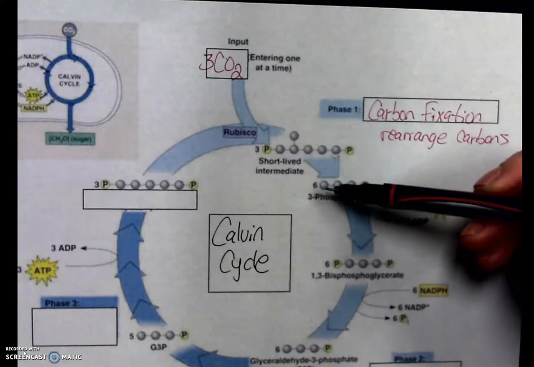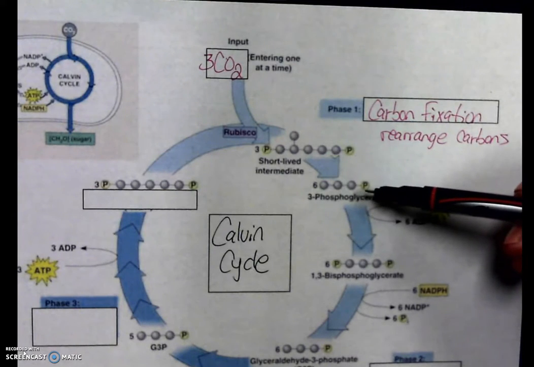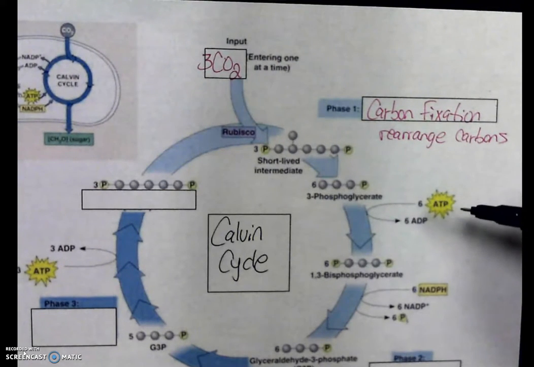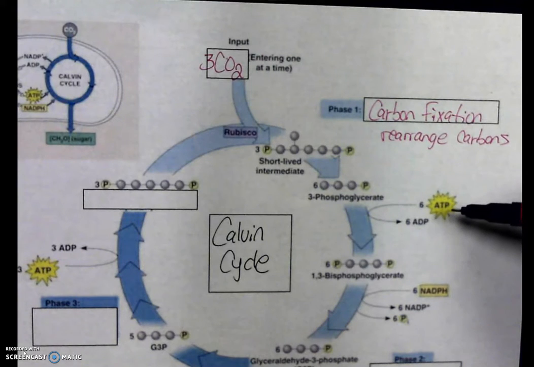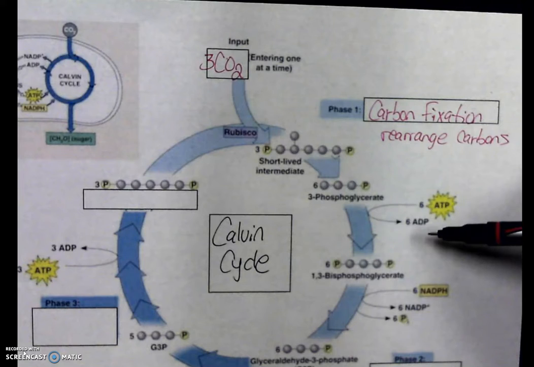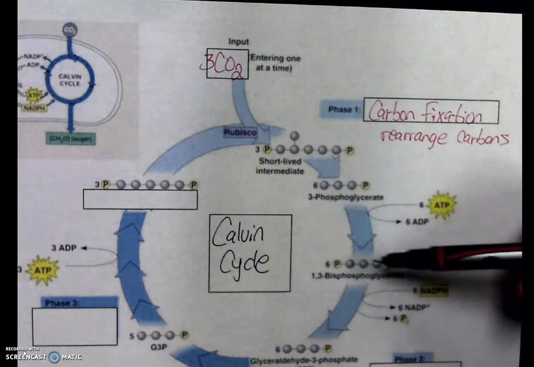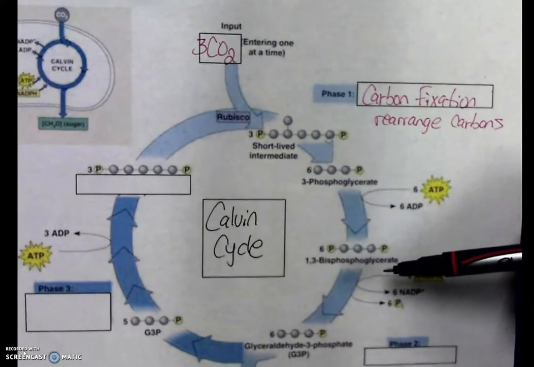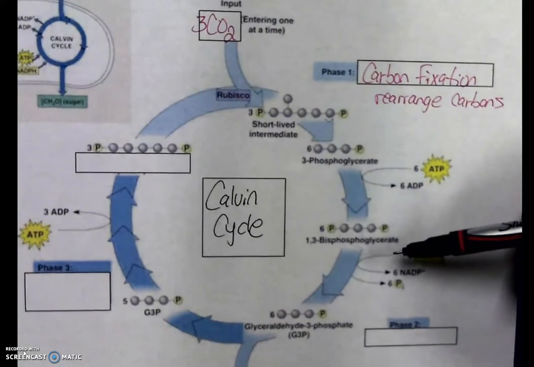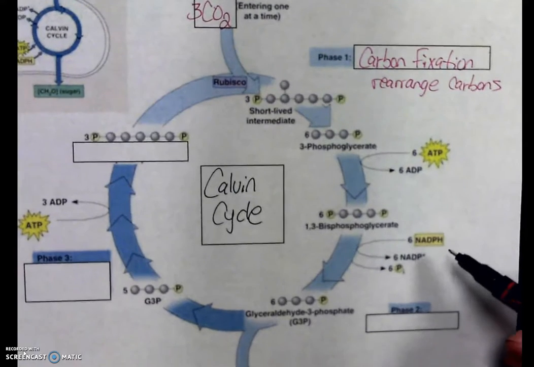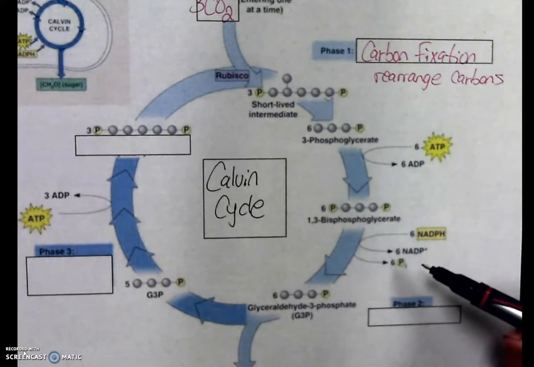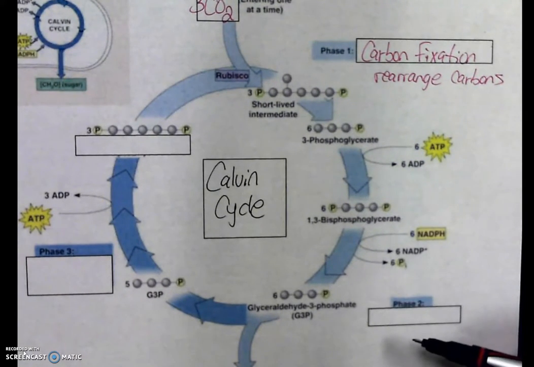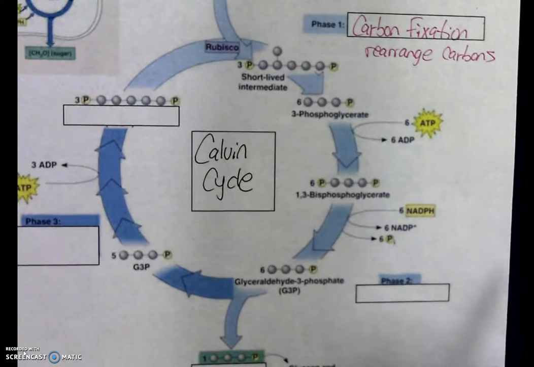And that is rearranged into 6 3-carbon molecules. Here comes our ATP again, our energy from the light reaction. Broken down, we use the energy to rearrange these carbons to make these much larger carbon molecules. And that continues throughout the carbon fixation cycle and into phase 2 of this Calvin cycle.